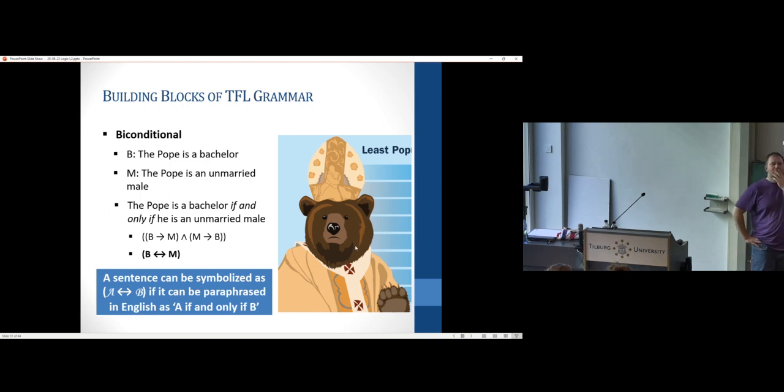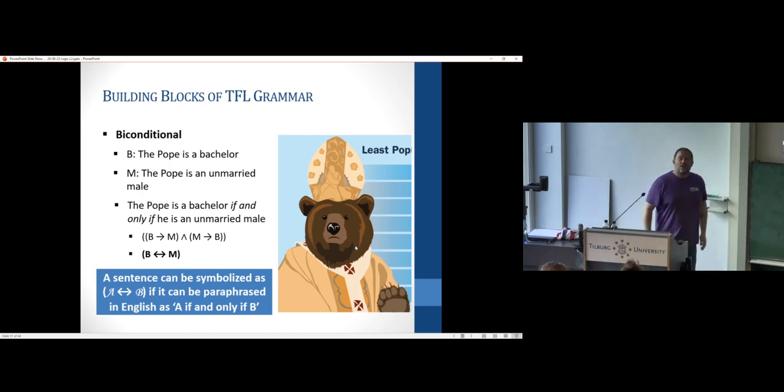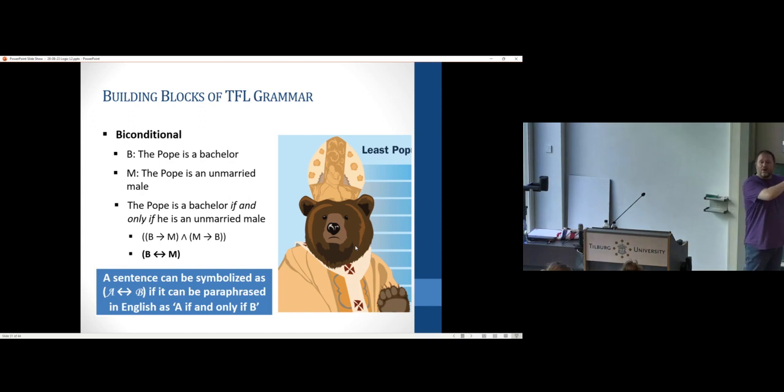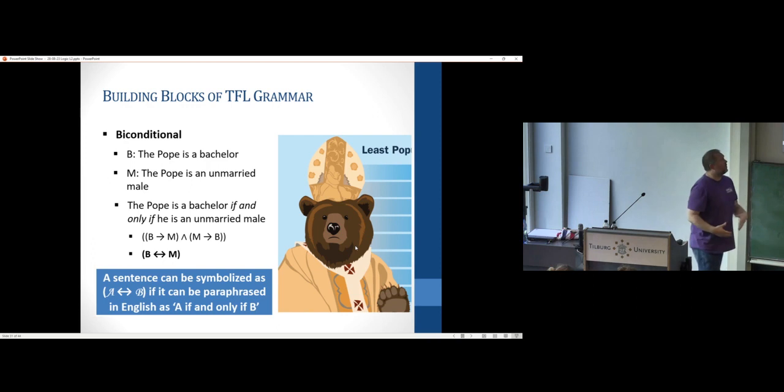Yeah? The letter. Yeah, right? I got my sexy swash font going on, right? My swash font A and my swash font B. These are going to be our meta variables. We're going to use typography to help us talk about every possible expression in TFL. This is the way that we're going to symbolize that we're not using A or using B. We're talking about any possible sentence here.